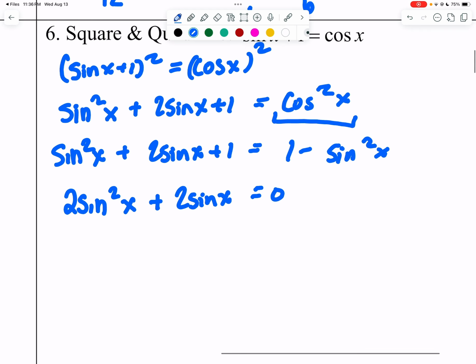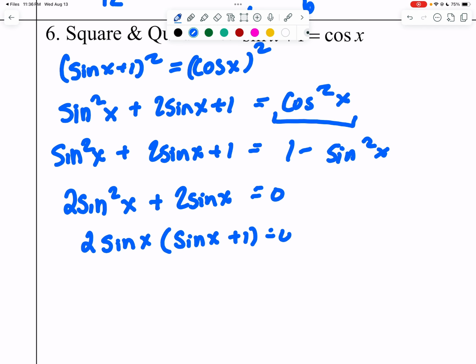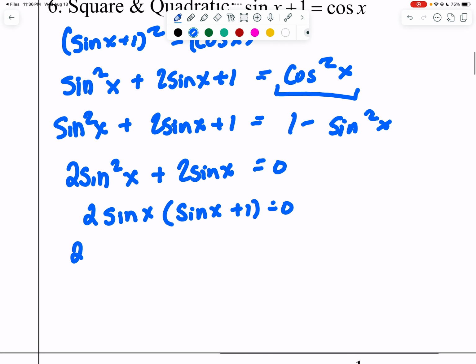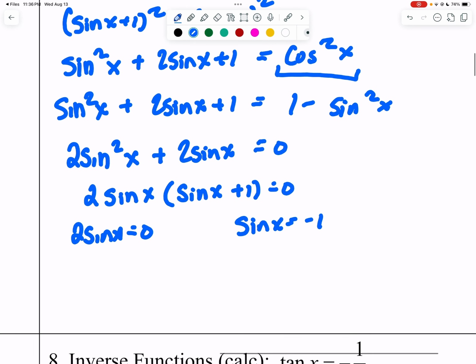Go ahead and factor this. So sine of x times 2 sine of x plus 1 is equal to 0. So sine of x is equal to 0, and then sine of x is equal to negative 1. Now, sine of x is equal to 0 at 0 and pi.